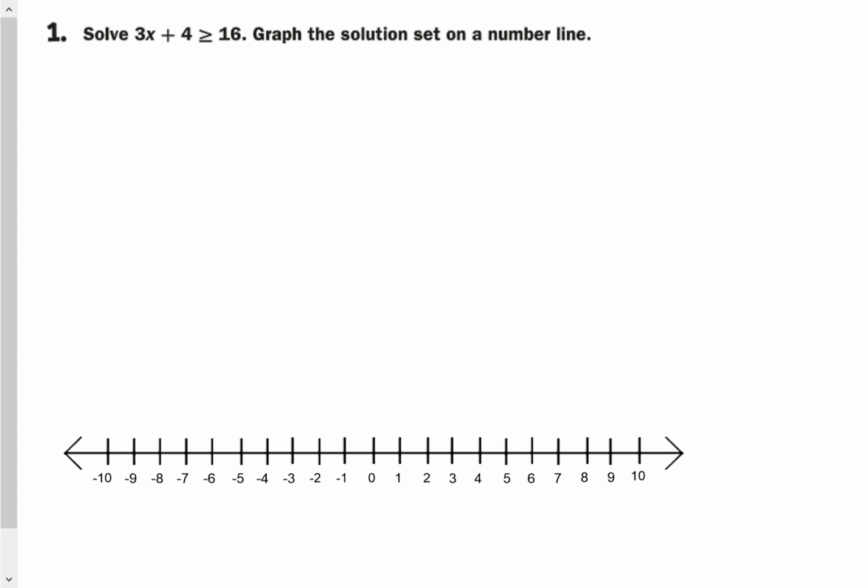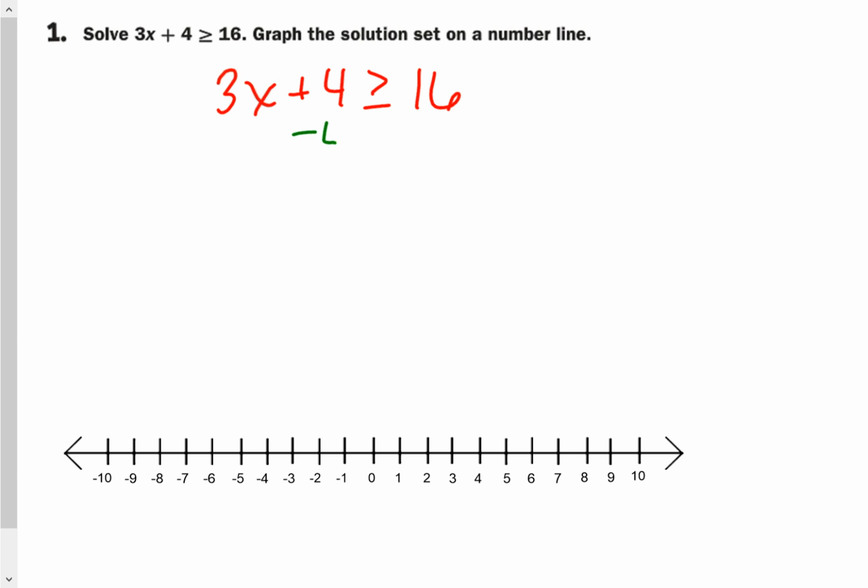Here's example number 1. We have 3x plus 4 is greater than or equal to 16. So our first step is to undo the addition or subtraction of our constants. Our variable x is multiplied by 3 and added by 4. We're going to undo this plus 4.